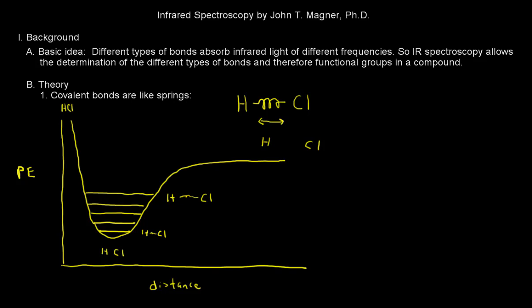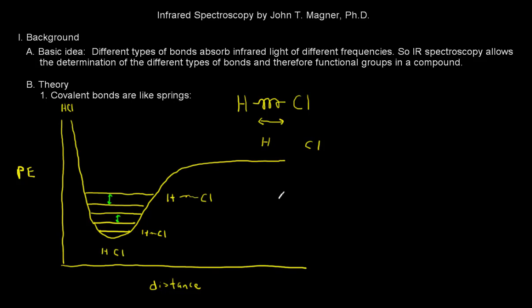Now, the gaps between these energy states, for example, that distance right there, or this distance right here, these are energy levels, so there are differences in energy between these energy levels.